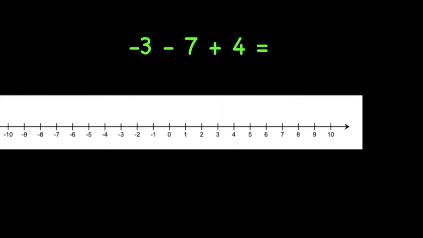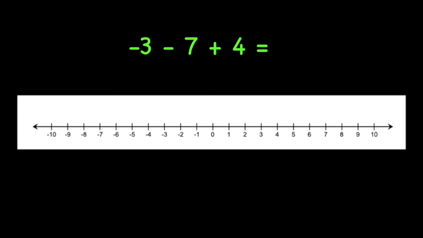Okay, here we go. We have a starting location of -3. Once we are at our starting location, we forget about this negative sign. In fact, we forget about this integer and its sign in its entirety. We focus on what's coming next. What's coming next is a negative sign.